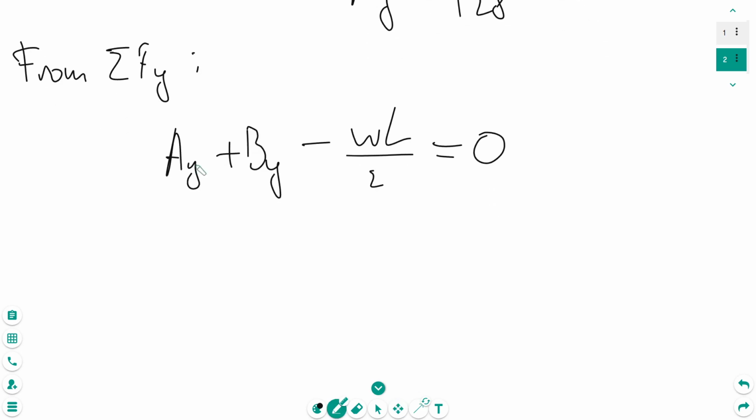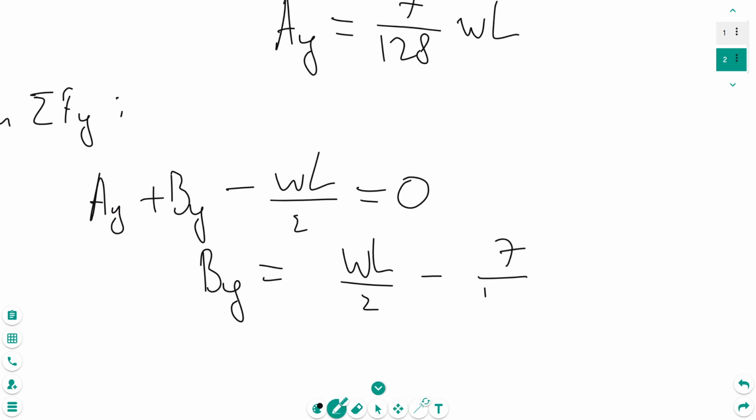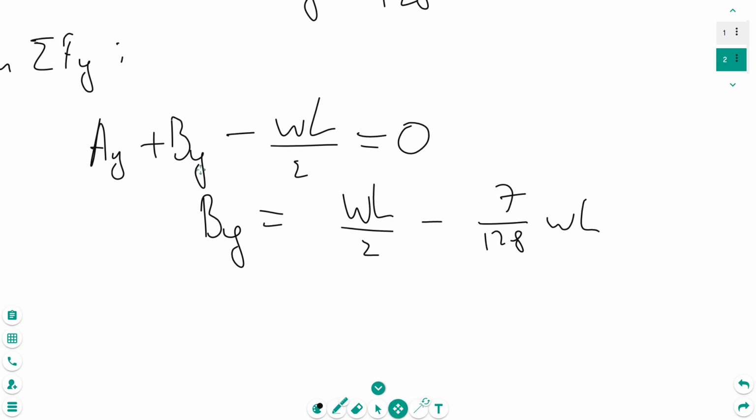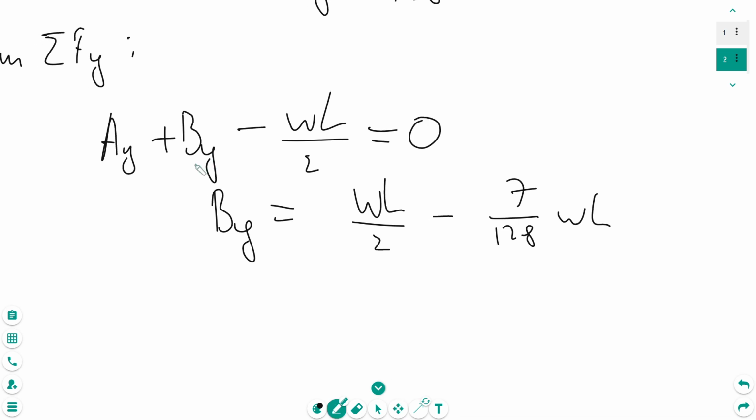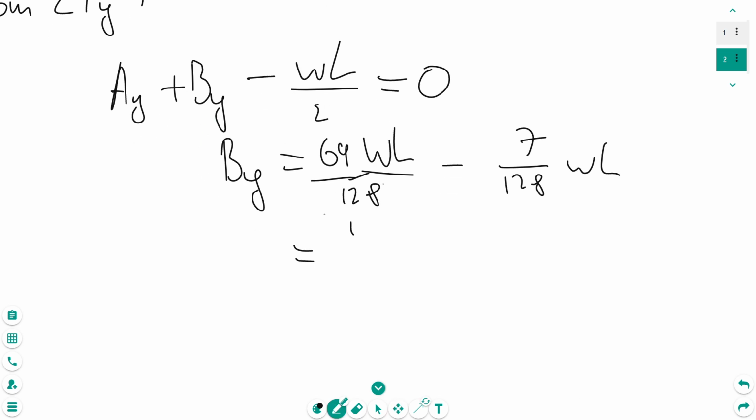As I know ay, I can then rewrite this equation for by, which then means wL over 2 minus ay, which is 7 over 128 wL. To make the fractions nicer, I can multiply both the numerator and the denominator by 64, which then becomes 64 over 128, thereby giving me that by is equal to 57 over 128 wL.